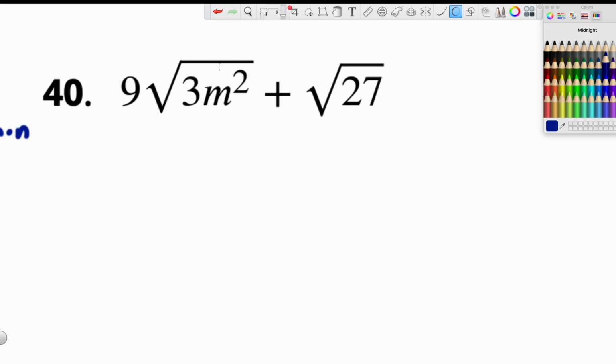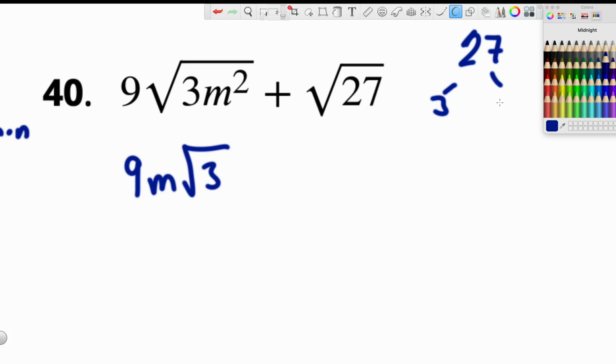Okay, so the square root here, let's simplify. 3, nothing's going to happen with the 3. The m, however, right here, I could take out. So this would be 9m root 3. The 27 here is, remember, 27 is 3 times 9, and then 9 is 3 times 3.